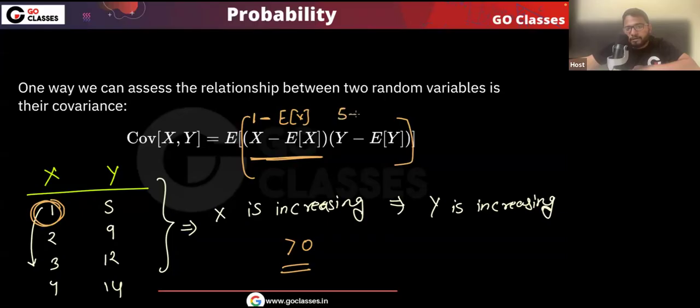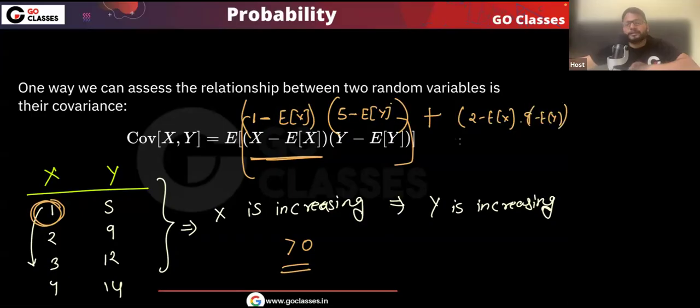And this is 5 minus expectation of y. This is just one quantity. It is multiplied, plus 2 minus E[x] into 9 minus E[y]. Is this okay to everyone? Like that, you need to find the average. But let's focus on one of the quantities, 1 minus E[x] into 5 minus E[y].